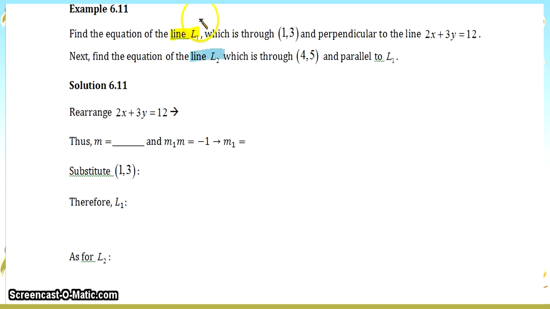First, we need to find the equation which passes through point (1, 3) and is perpendicular to the line 2x + 3y = 12. To get the first equation, we need to rearrange the given line.